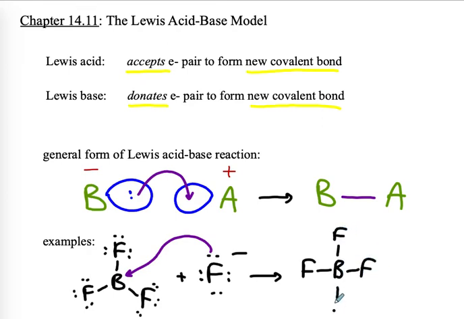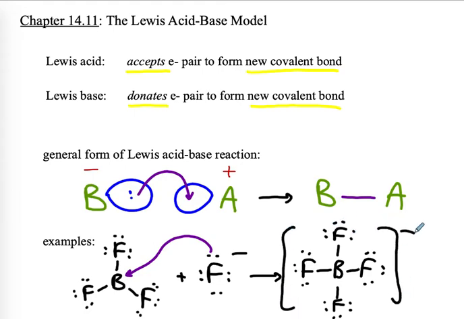I'll draw the full Lewis structure here. Hey, Lewis structures for the Lewis acid-base model. Yep, same dead white European male. Actually, dead white American male. Okay, and there's the tetrafluoroborate anion, and I can imagine that this is the new covalent bond that we formed.